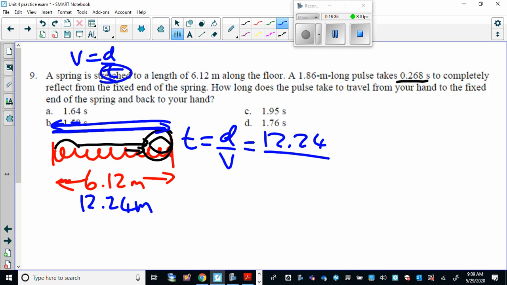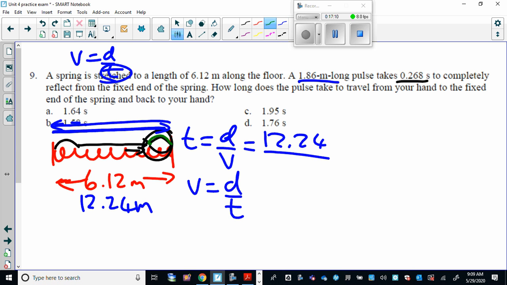And how am I going to calculate my velocity? Well, I can use the same formula if I want. You can use the universal wave equation, but I could just use V equals D over T. And in this case, this is my D, because that's the length of the pulse, and it takes that many seconds to reflect.